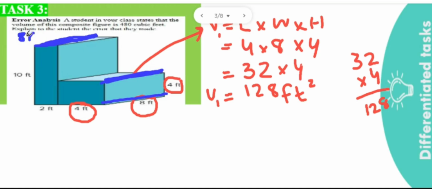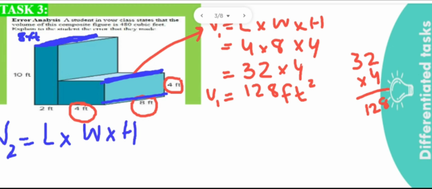Now we have all three dimensions for the second rectangular prism. Let's find the volume. V2 is, again, write the formula: length times width times height. Length is 10, the width is 2, and the height is 8.